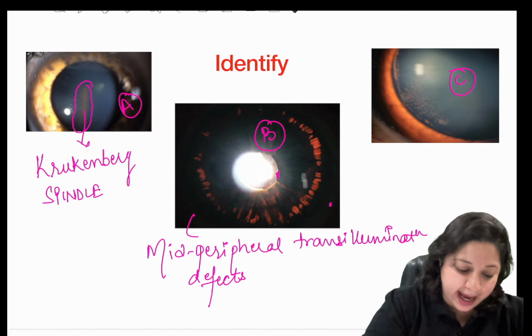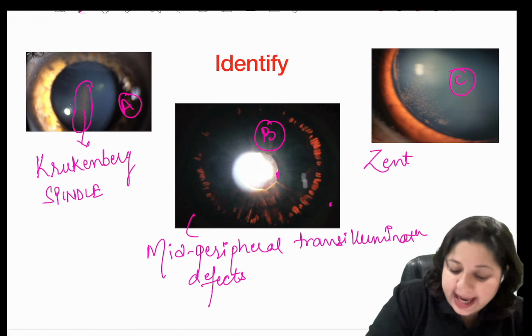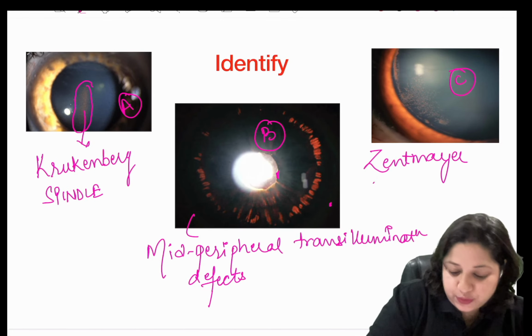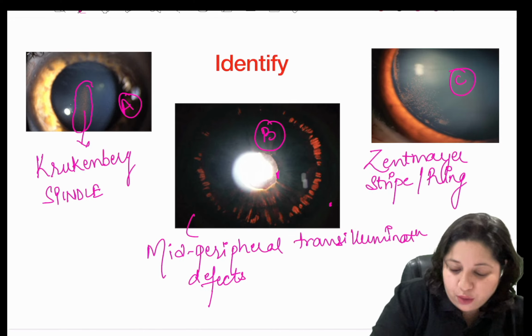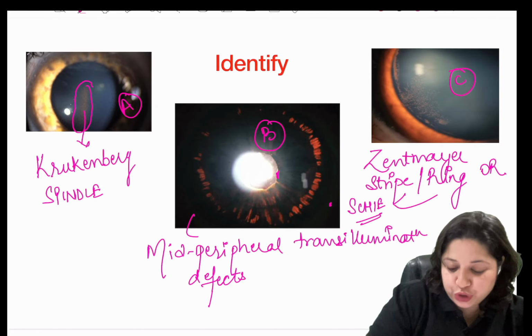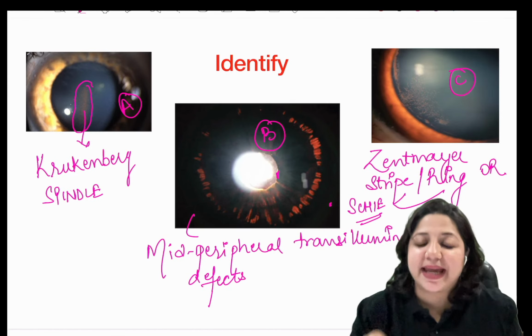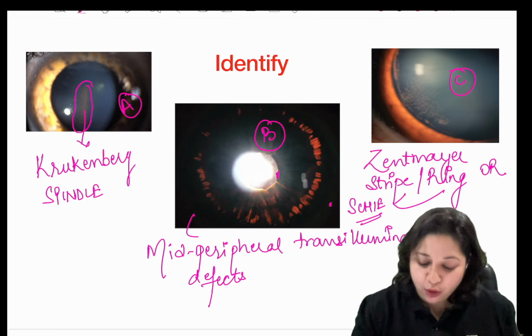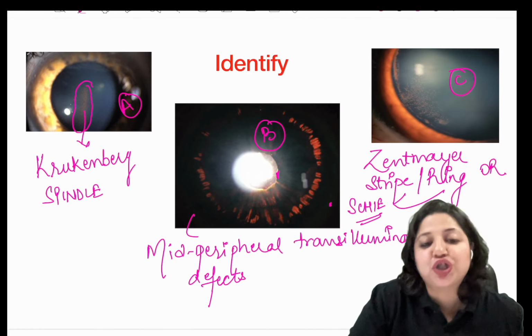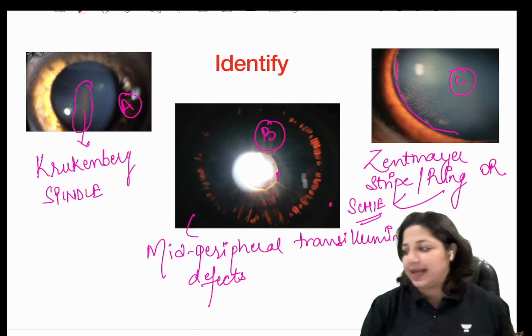This is called Zentmayer stripe or Zentmayer ring, also called Scheie stripe or Scheie ring. Do you get that? When you have the deposits at the equator of the lens, right?